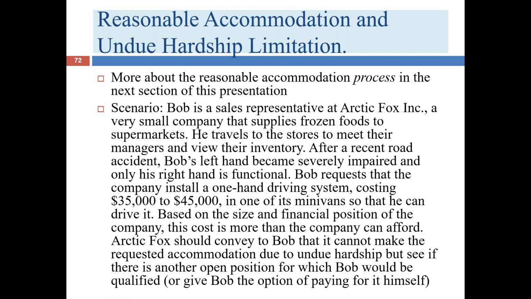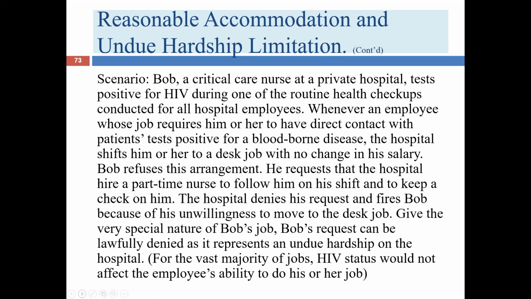So it's important that even if Arctic Fox ultimately says no to Bob, it can document and show its efforts. Those should ideally be communicated to Bob, because number one, that may make Bob feel better about the decision, and also it may make Bob less likely to sue under those circumstances.